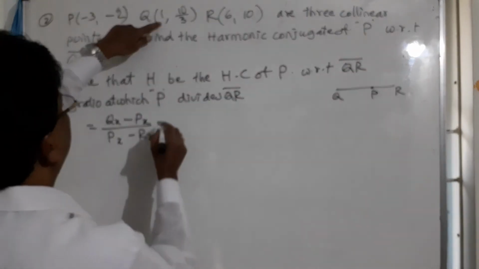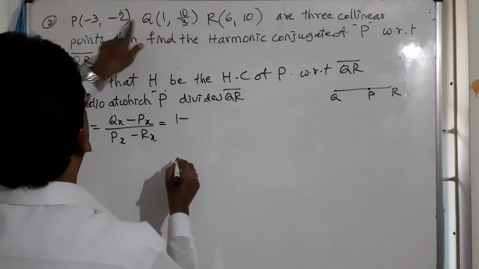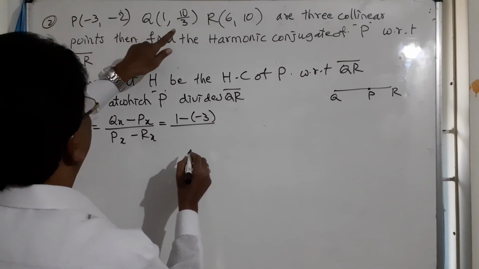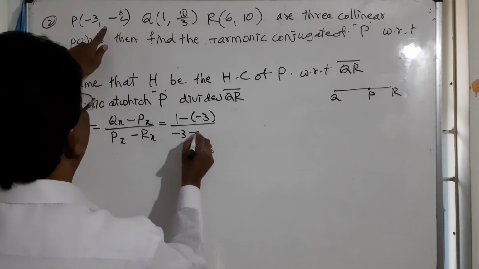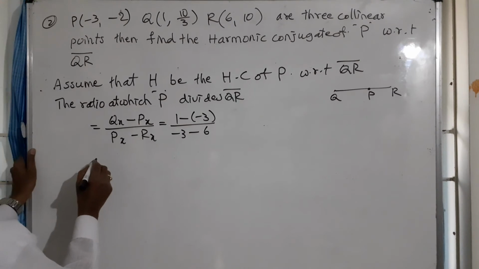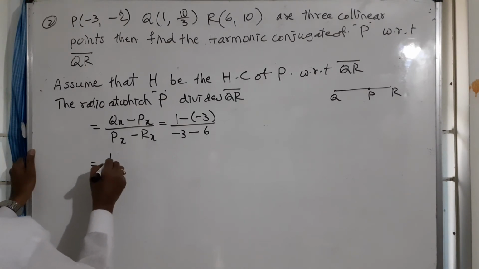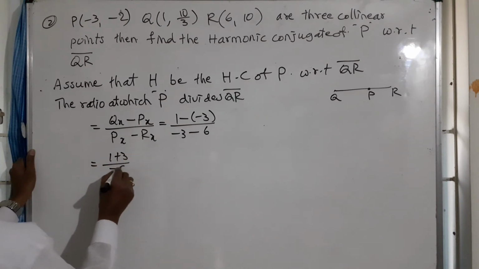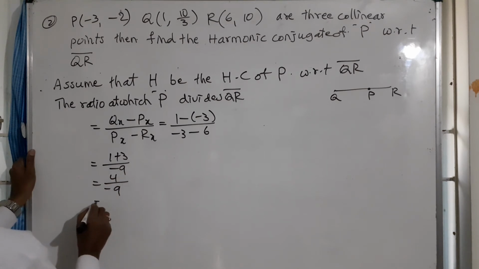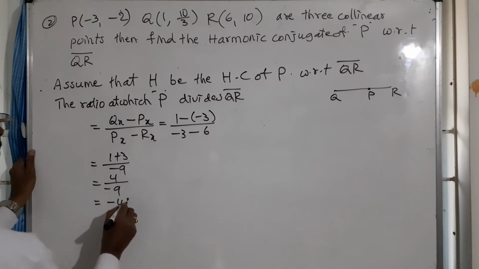What is QX? X coordinate. 1 minus 3 divided by minus 3 minus Rx 6. This is equal to 4 by minus 9, or minus 4 is to 9.